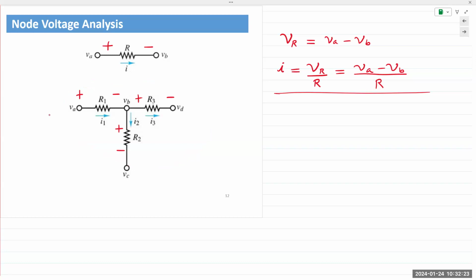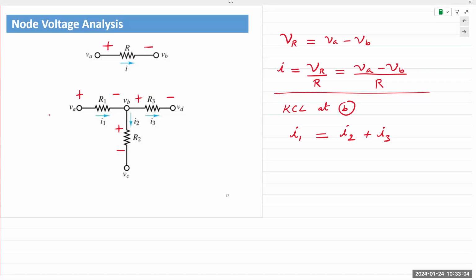What I want to do is generate an equation, and in node voltage analysis, the way we generate the equation is by applying KCL, Kirchhoff's current law. So I'd apply KCL at node B. I have I1 entering the junction, and I have I2 and I3 leaving the junction.